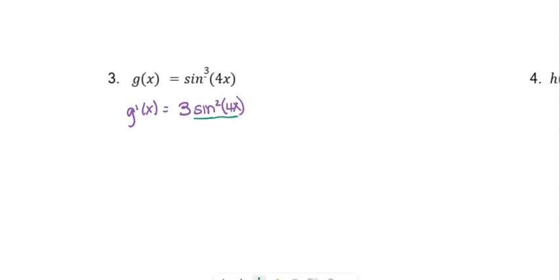So the derivative of sine is cos. And then I need to take the derivative of the argument, which is just 4. Okay, I'm going to clean this all up. I'm going to put the 3 and the 4 together to give me 12 sine squared 4x cos 4x.